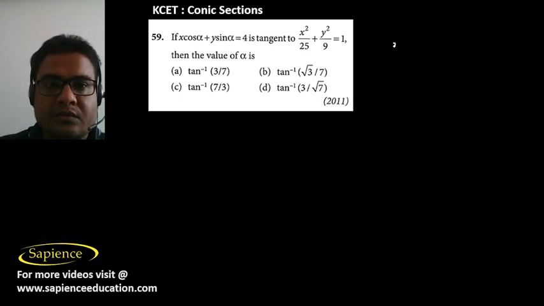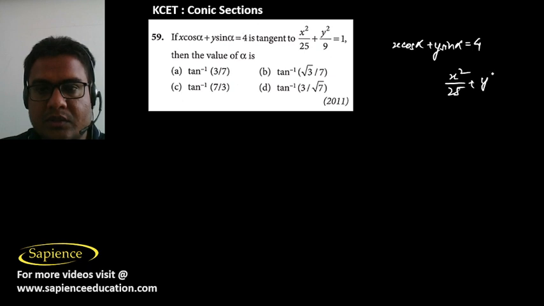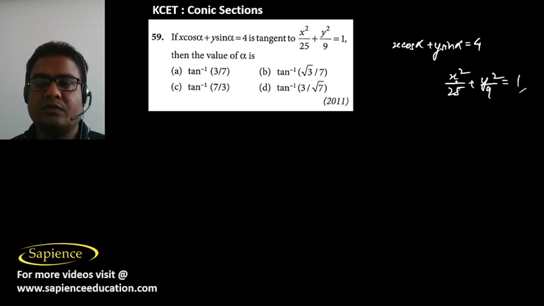Then it is told that if x cos alpha plus y sin alpha equal to 4 is a tangent to the ellipse x square by 25 plus y square by 9 equal to 1, then what is the value of alpha?